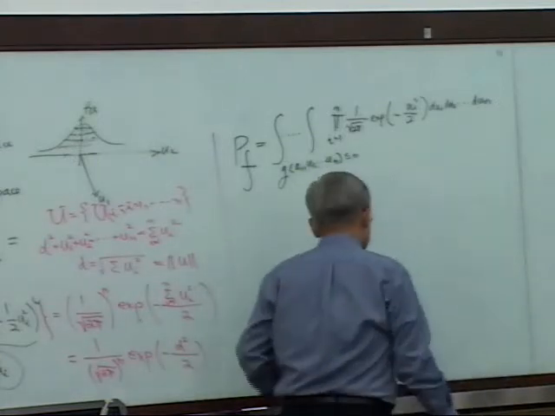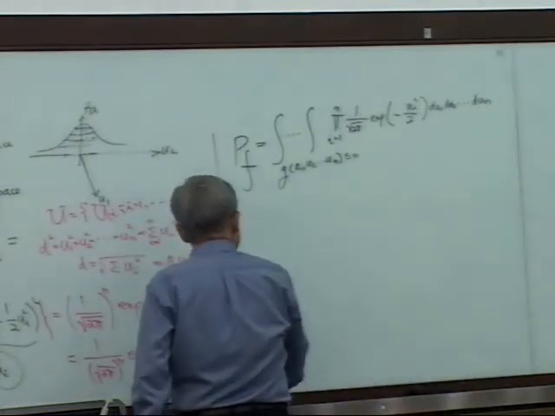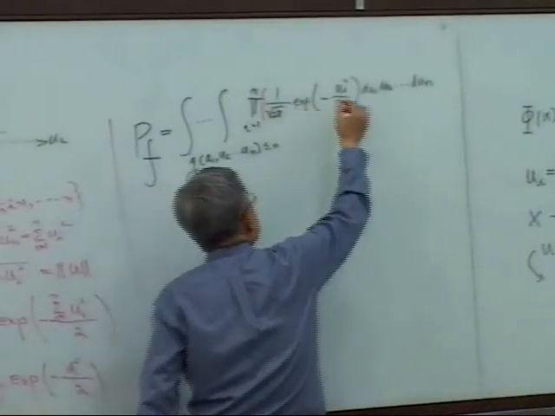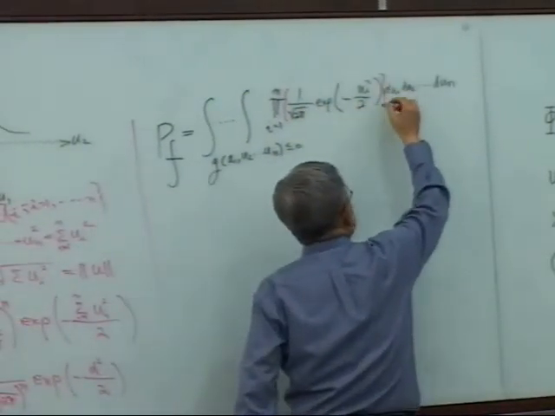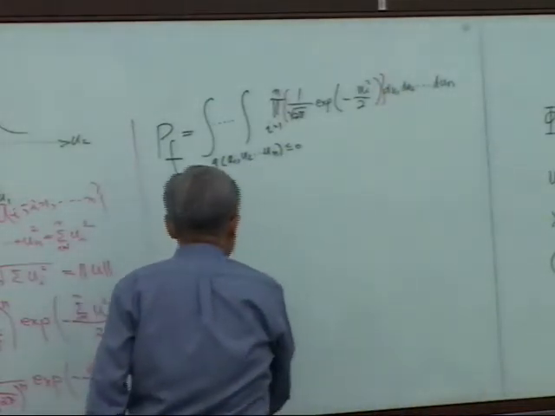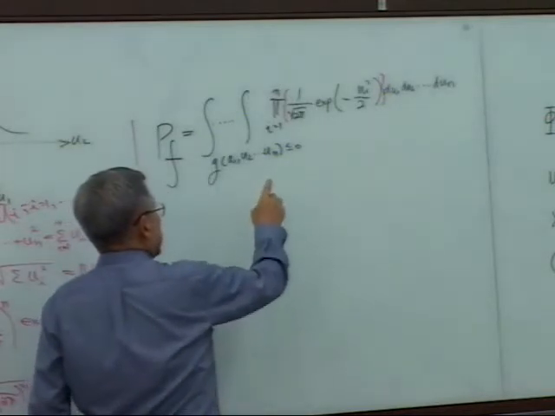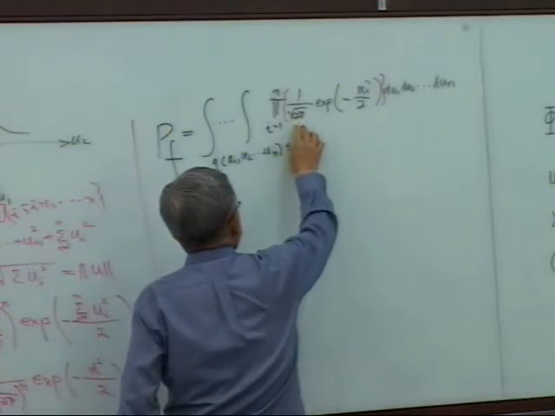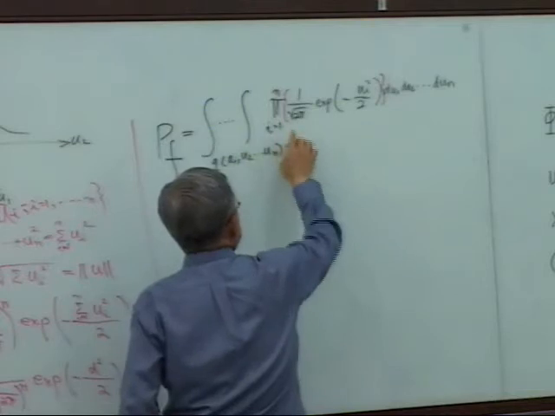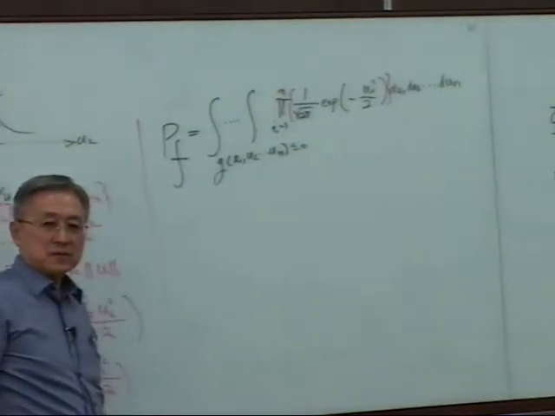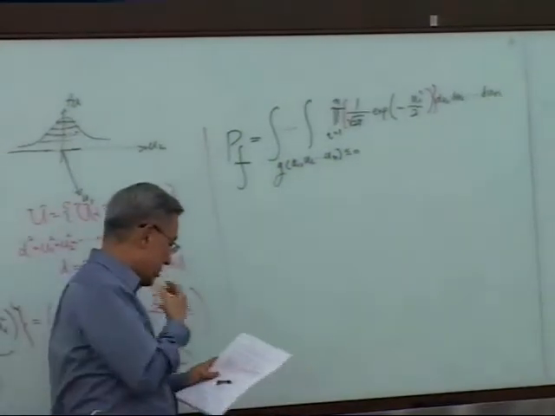That's what we are solving. But I clearly want to indicate this guy is like that. Otherwise, you get the impression that this is only 1 over square root of 2 pi, but in fact, when you put it out there, it's going to be this 1 over square root of 2 pi to the n power.